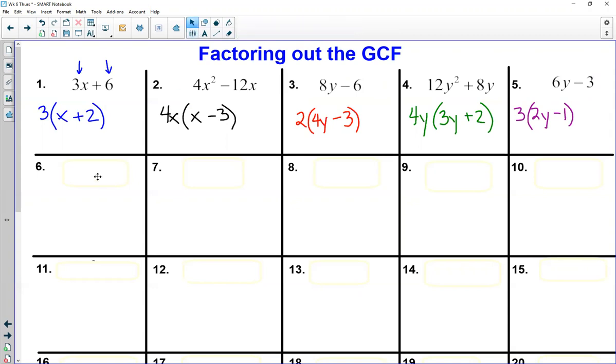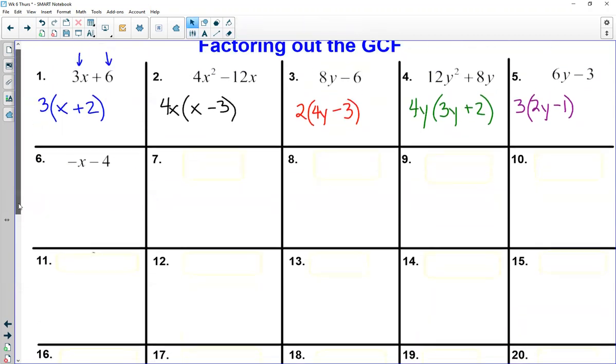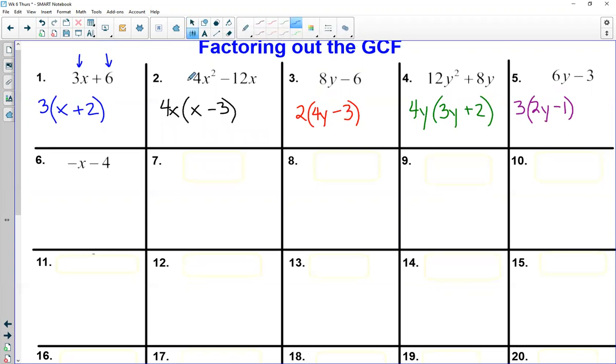Okay, looking back at this first row here, we're now going to have negative x minus 4. Now, as we can probably tell, these don't share anything. So since they don't share anything, we're not going to be able to take out a common factor, except there is something.